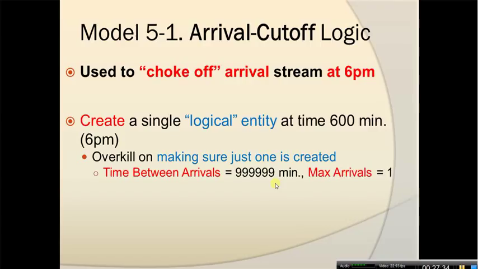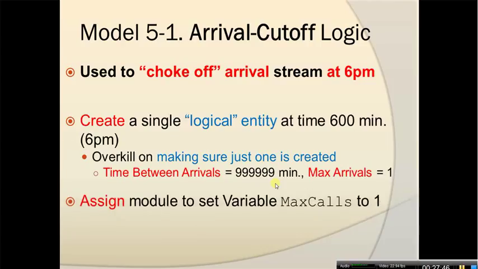That will ensure that only a single logical entity will be created. This will be the cutoff entity. And then in the assign module, we're gonna change the variable max calls that we used to allow the entities to come into the system. We're gonna set it to 1.